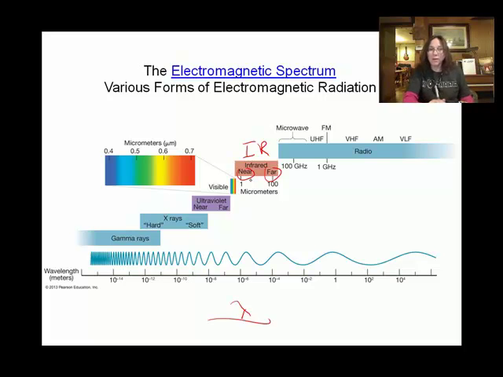So you're going to want to become familiar with these different types of energies from shortest wavelength to longest wavelength. What I was thinking was when you go to take your Unit 1 exam, remember you can bring a 4 inches by 6 inches note card, front and back, and you might want to put these on your note card.